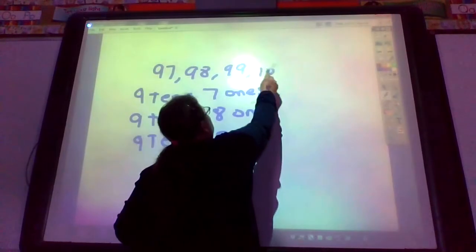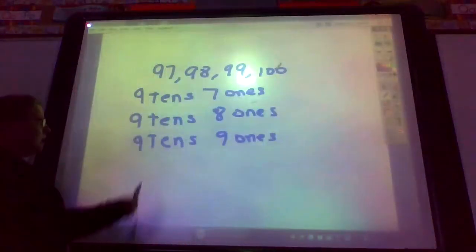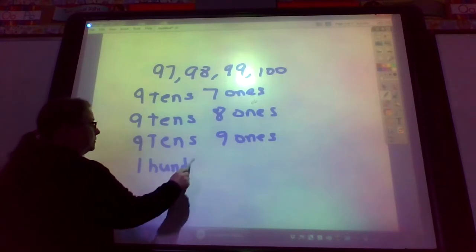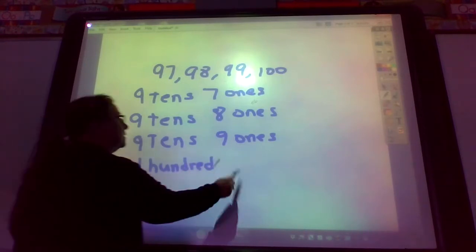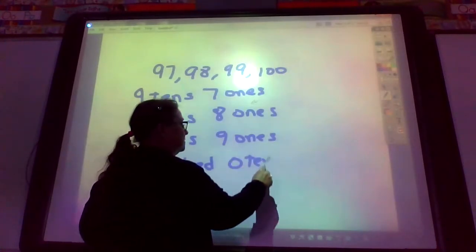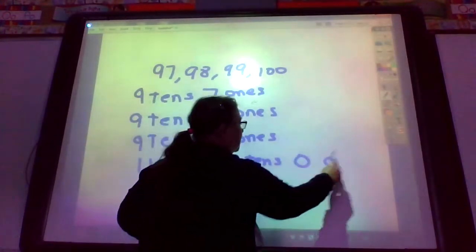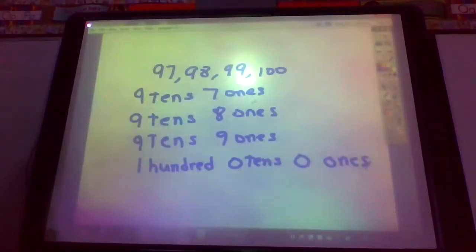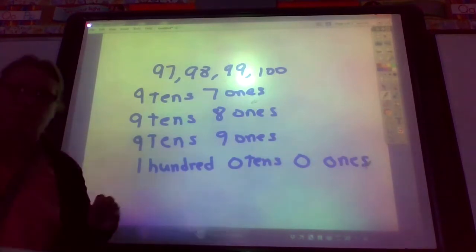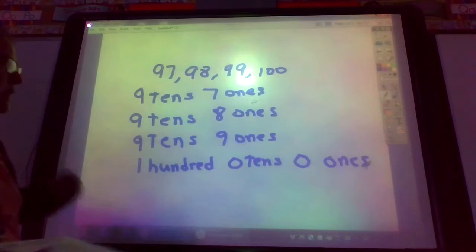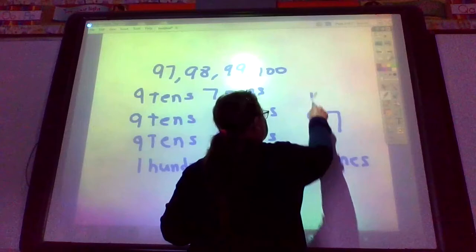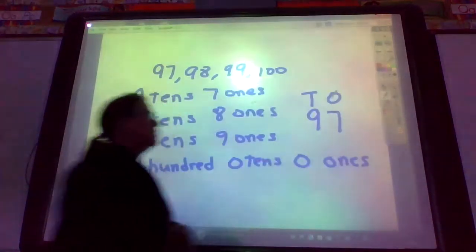If I went to 100, I would say 1 hundred, 0 tens, 0 ones. Okay? Counting by unit form. So we can write any number in unit form. The thing that we have to know is that if I have this number, this is the tens and that is the ones.